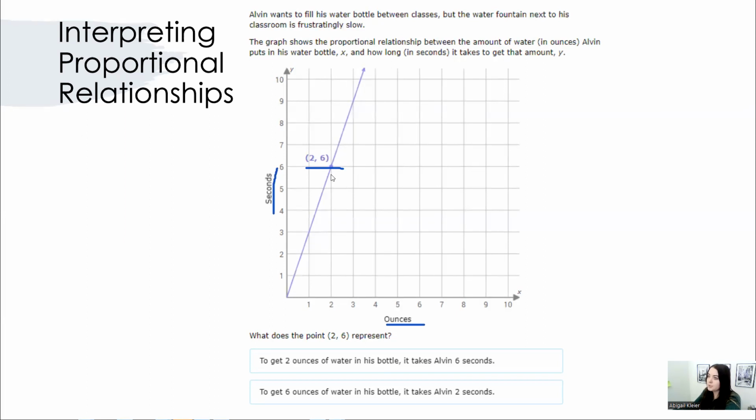I'm going to trace our coordinate point down to the x-axis, where the x-axis lines up with 2. So that means we're talking about 2 ounces, and then my y value is 6. So that means we're talking about 6 seconds. So what does the point 2,6 represent?